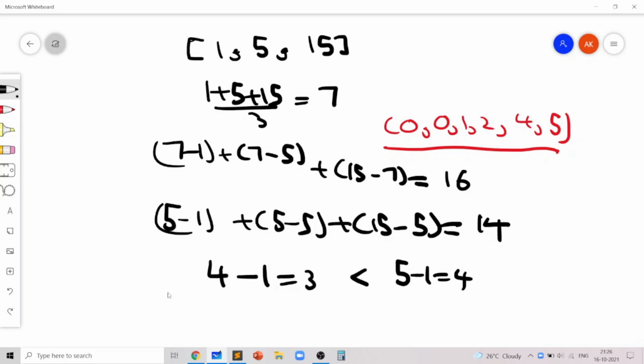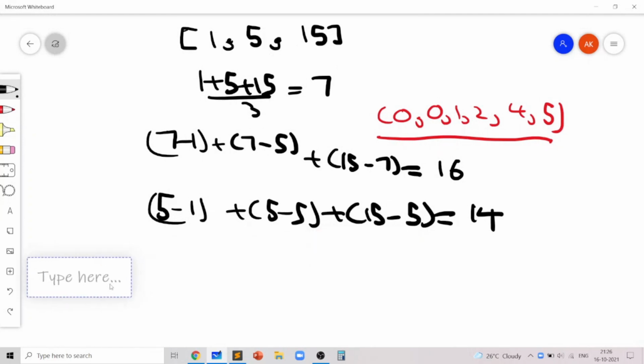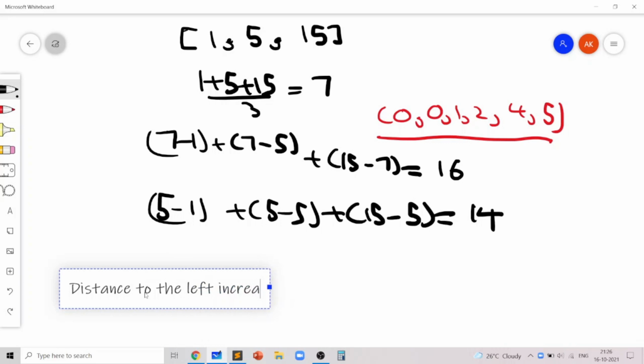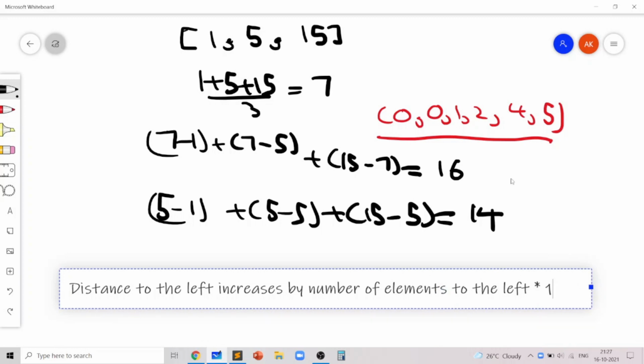So the distance decreases by 1, but the distance to the right values increases by 2. The distance to the left changes by the number of elements to the left times 1, because we are moving to the left by 1, if we make 5 into 4.